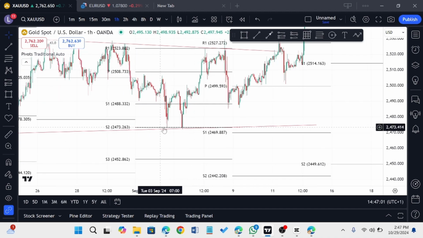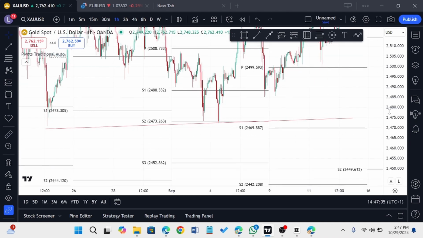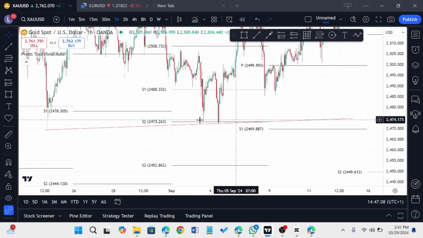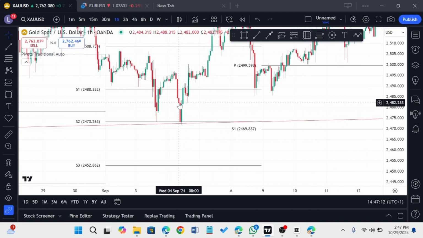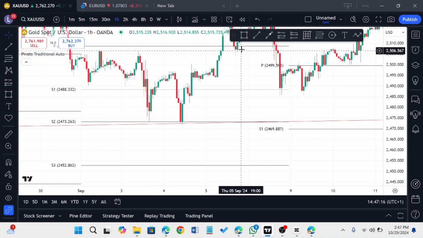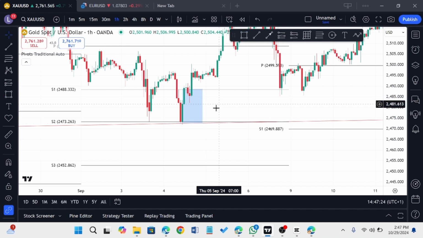You can see price had this reaction to the S2, which is a support level, a pivot support level. The S2, you can see this candlestick pattern right here, which is a red, call it three inside up candlestick pattern. The red followed by the green and the green candle, and that is a potential place to buy.